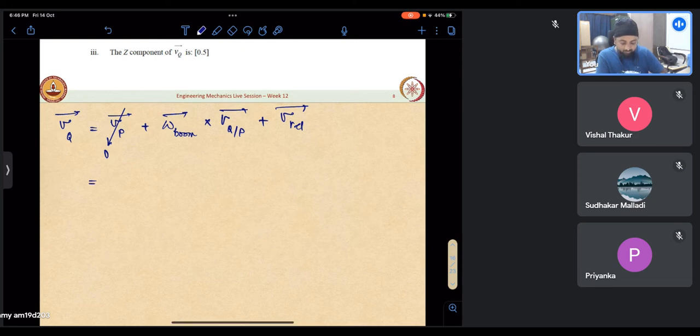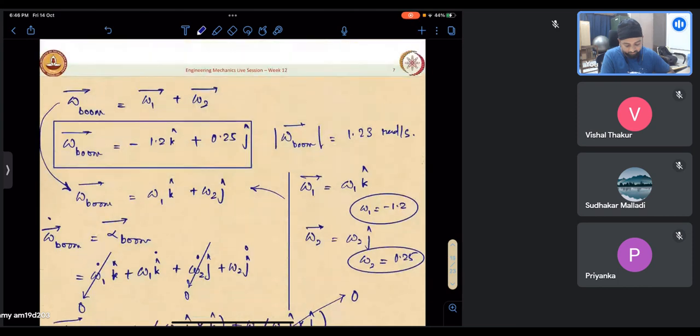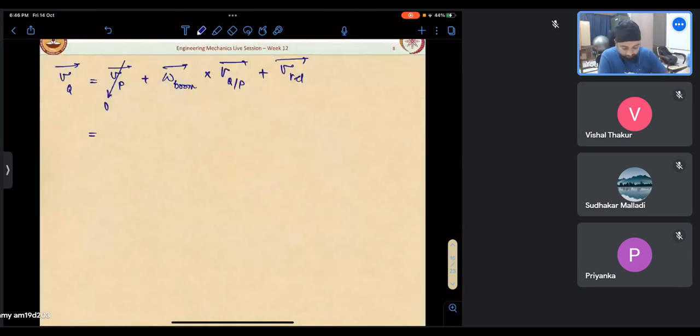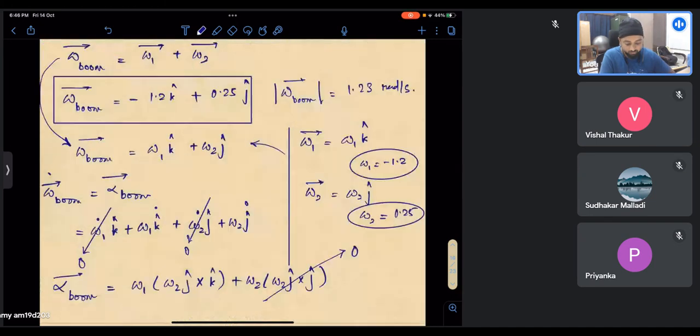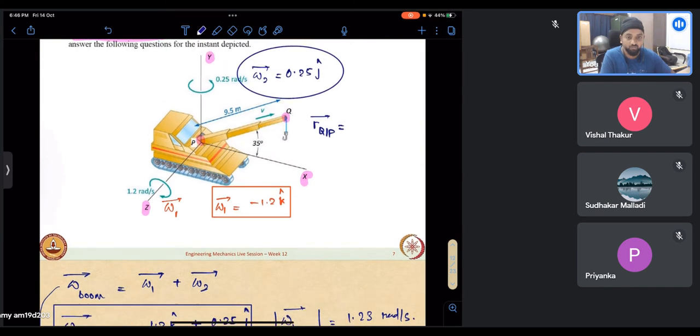And then we have the omega of the boom, which is minus 1.2k plus 0.25j, crossed with our RQ with respect to P. So RQ with respect to P, if we see, this is the angle in the XY plane, so it will have only X and Y components.